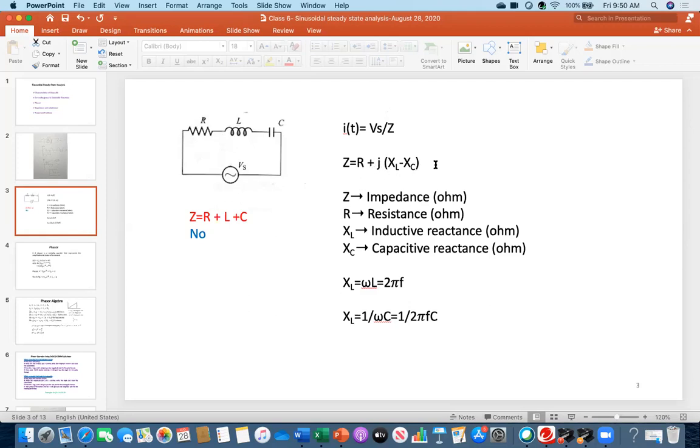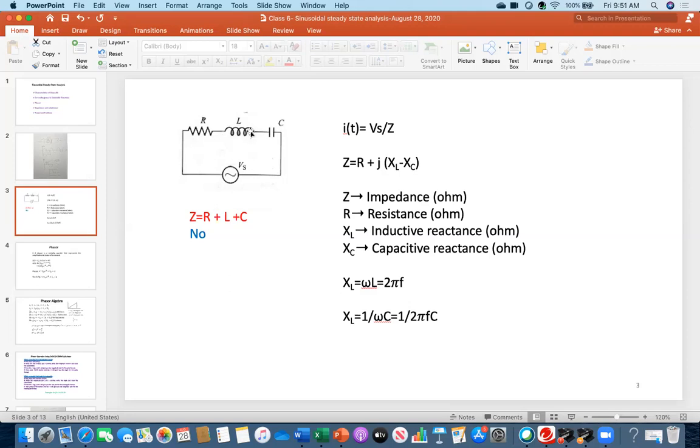Again, because there is j, you can express this in phasor form. Therefore, both your numerator and denominator will be in phasor form, and then you can solve any problem because it is independent of time. Then you get the result in phasor form.